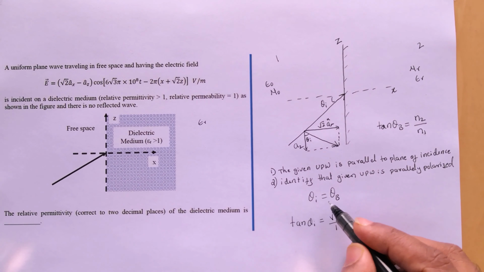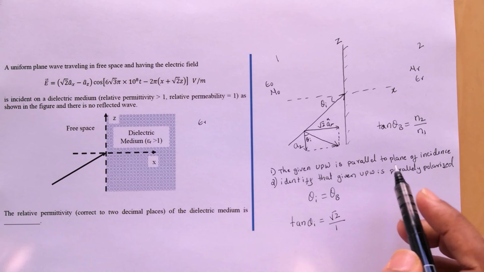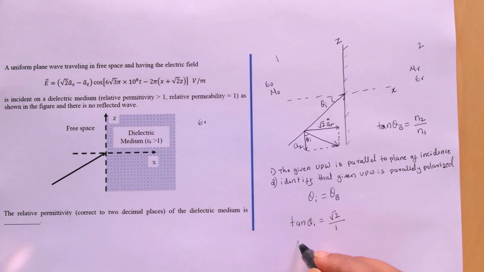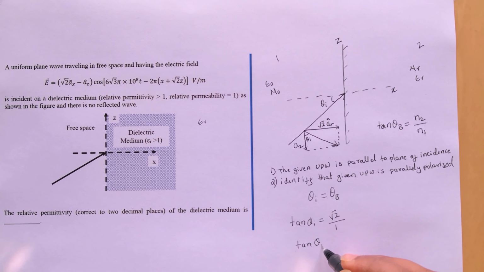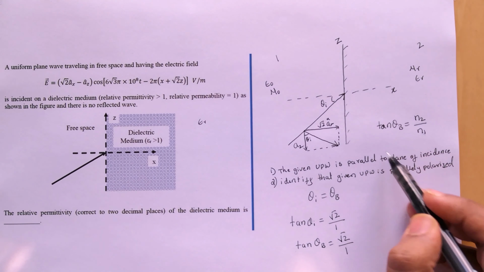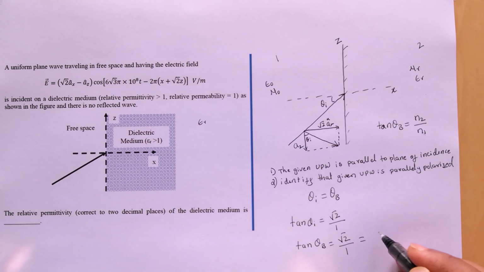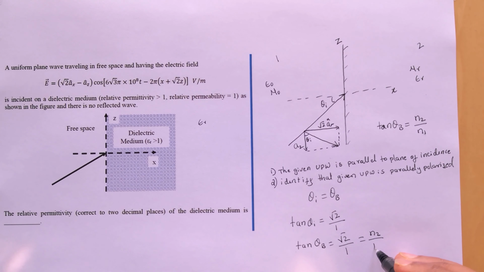Now we know that theta I is theta B in this particular example. So tan of theta B is equal to root 2 upon 1, which is also equal to n2 upon n1 from this formula, and we know that the refractive index is the square root of the permittivity.